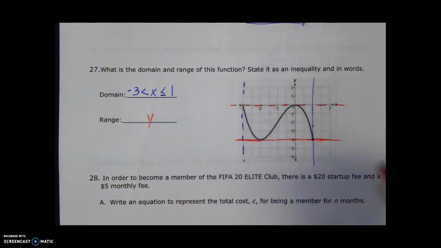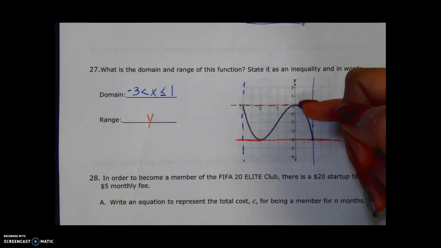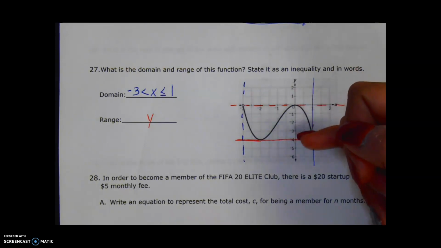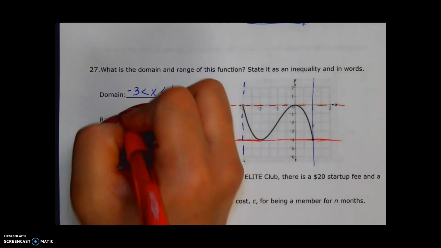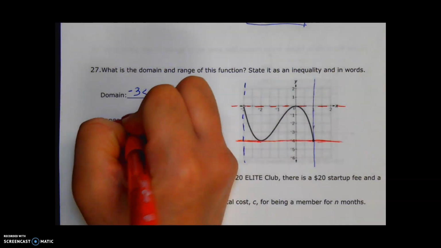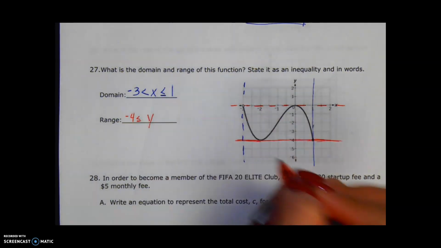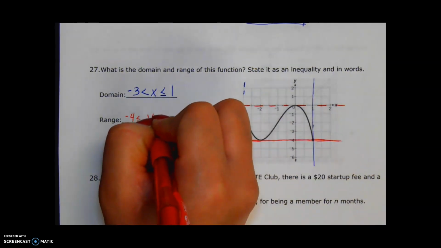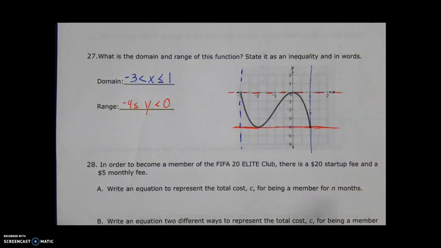We've got an upper boundary. That means it goes all the way up to 0 down to negative 4. So it goes from negative 4. It's a closed circle at negative 4. And then it goes up to 0, where it's an open circle. So that's my domain and my range.